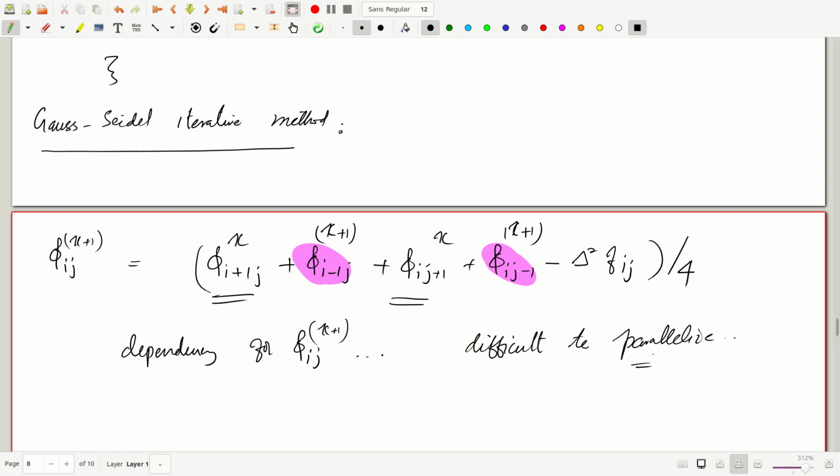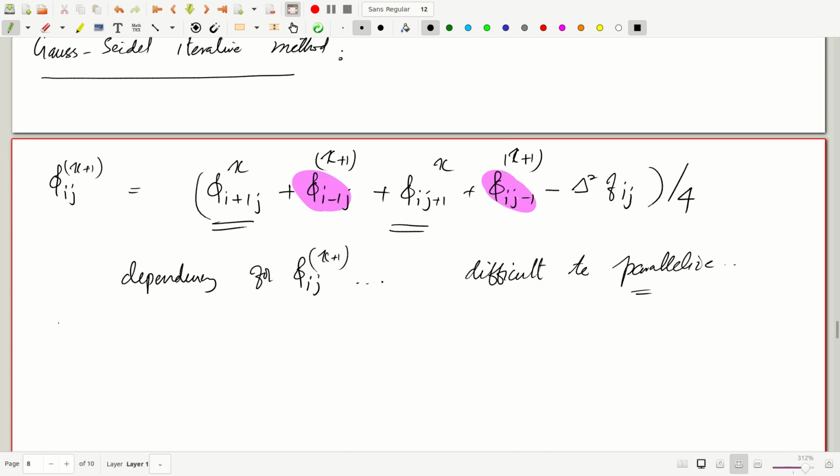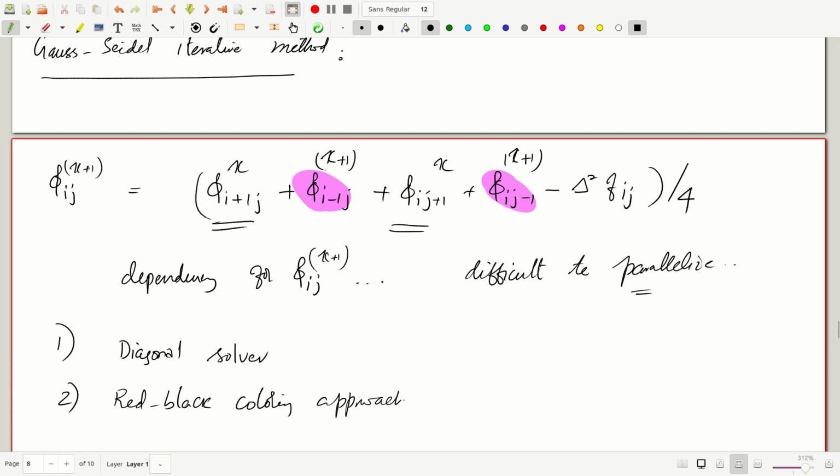And as such, we have seen two different methods in the context of OpenMP. One we saw is a kind of diagonal solver, and the other one was a red-black coloring approach, right?